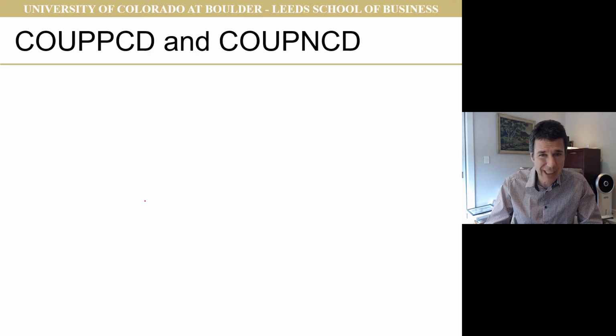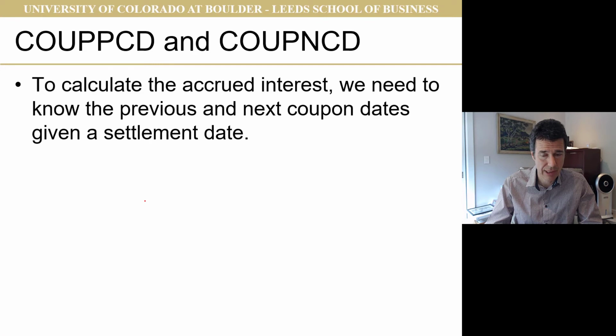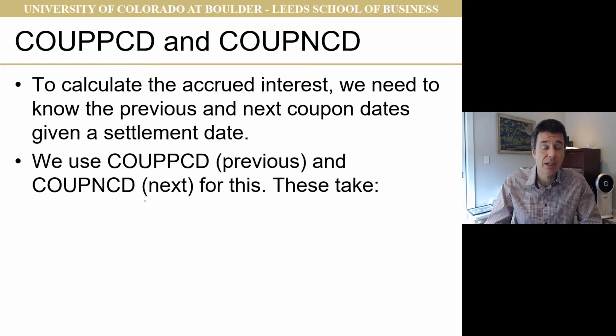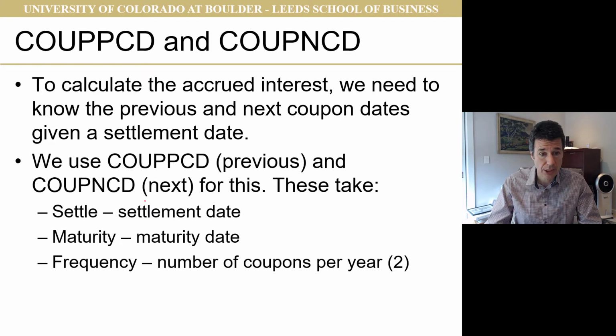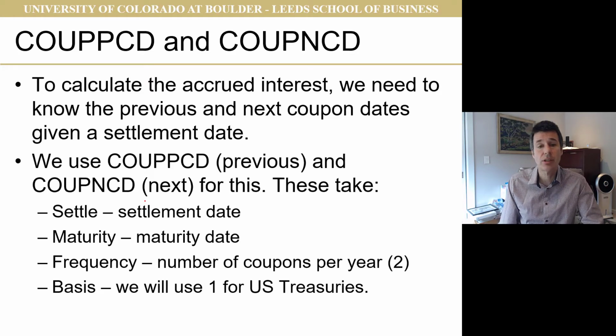So we need a couple of Excel functions. We need to know the previous and the next coupon date, given the settlement date that we're interested in. So there are two useful functions here. One is called COUPPCD, previous coupon date, and one is called COUPNCD, next coupon date. And they take 4 parameters each: the settlement date, the maturity date, the frequency, and the basis.